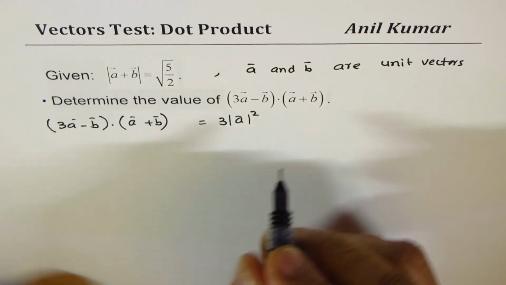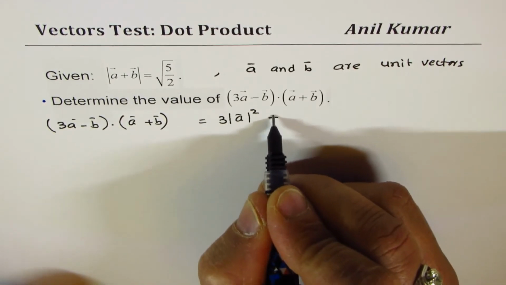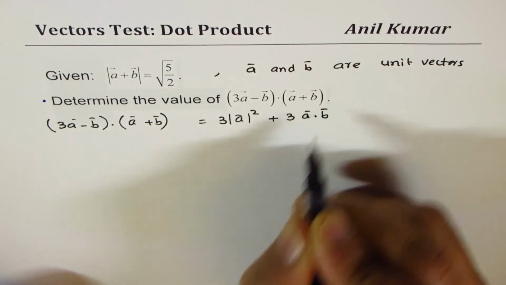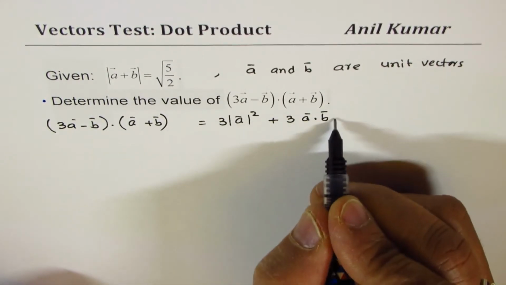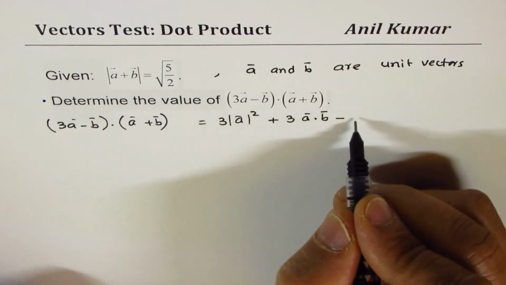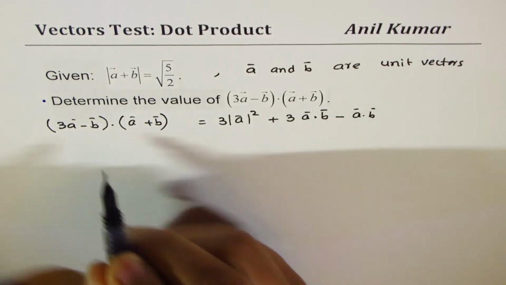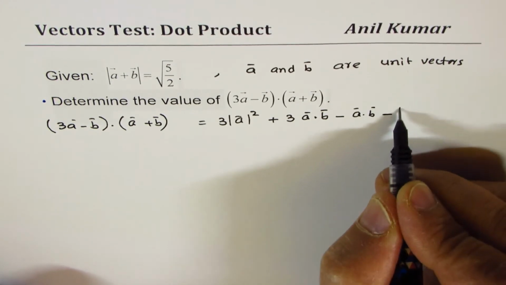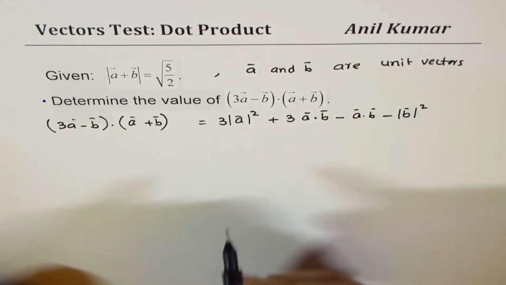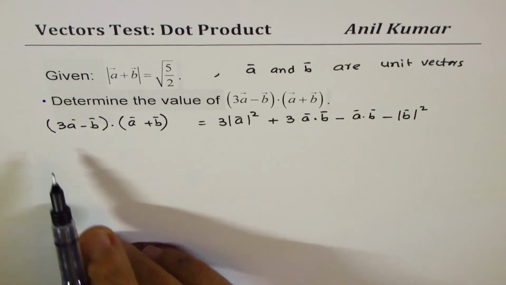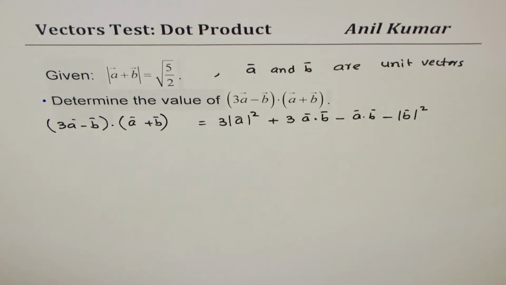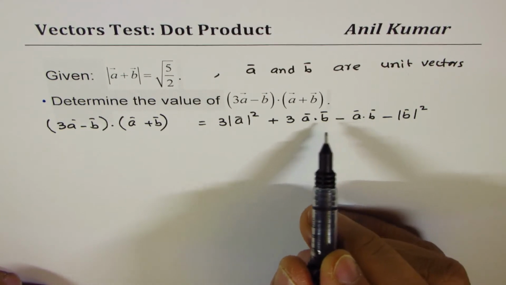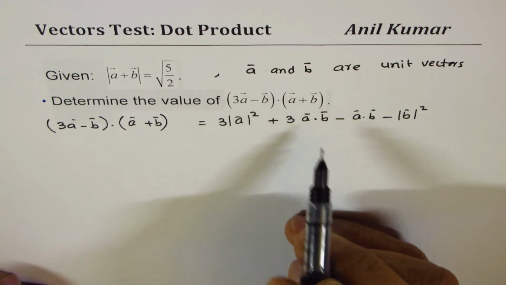And then we do plus 3 times A dot B, and then we have minus A dot B. Okay. And then we have magnitude of B square with a negative sign. So that is their dot product. And of course you do have a term which is A dot B, which was easy to find if you knew the angle.